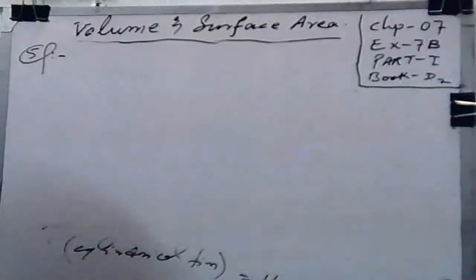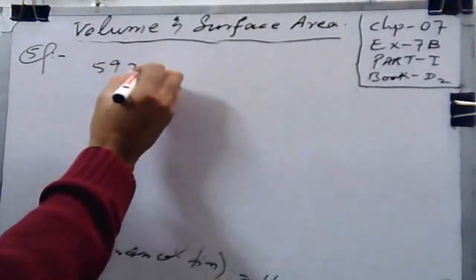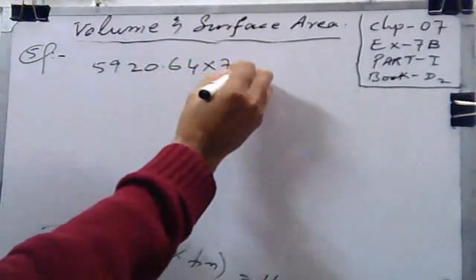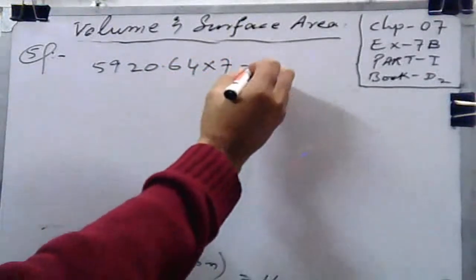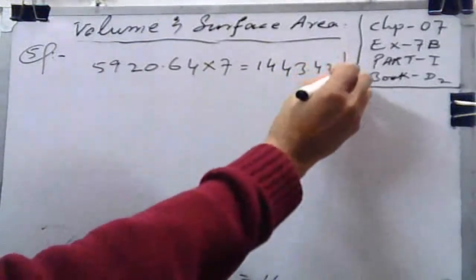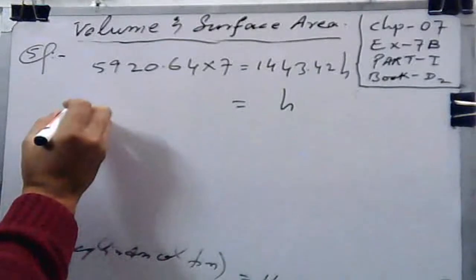So after simplification, you can see here that is 59.64 multiplied by 7 is equal to 1443.42 h, but we need the value of h.